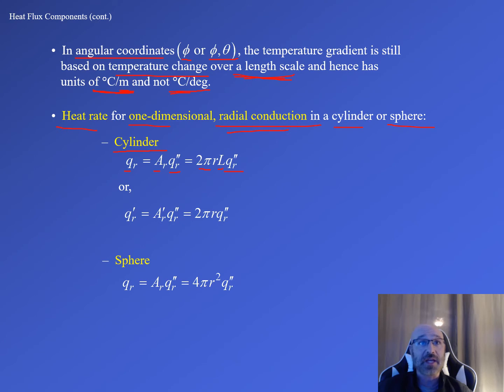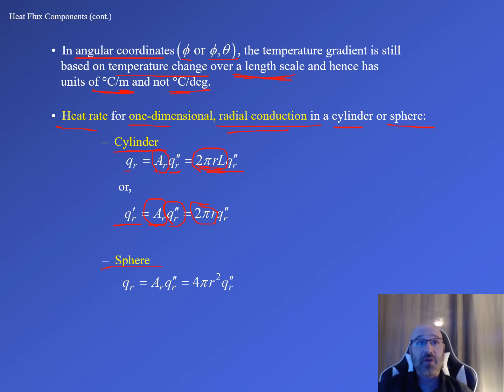All that's doing is converting to our area. Or if we're dealing with Q prime r, similarly we have A prime r times our heat flux in the r direction, where A prime r is given by 2 pi r. So you can see one is dependent upon length and one is not. Nothing different there, same definitions from the beginning of the semester.